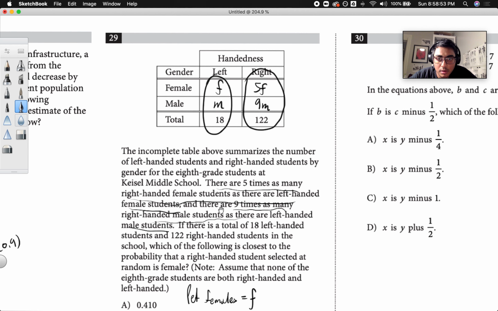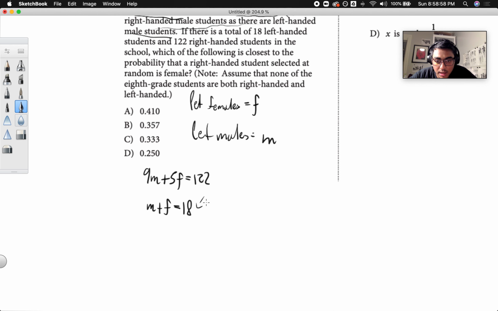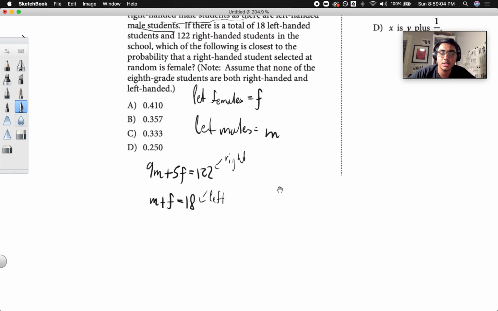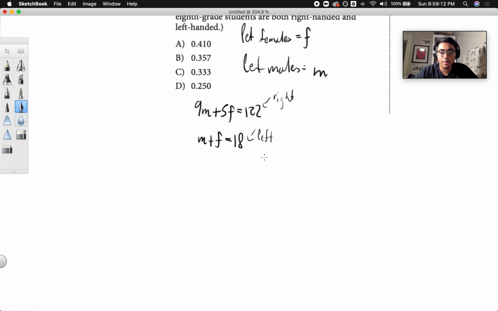From this table, we're able to say that this is the total left-handed students, and this is the total right-handed students, and we got an equation for each. So now we just have to solve for one and then solve for the other, and then we can figure out the probability.